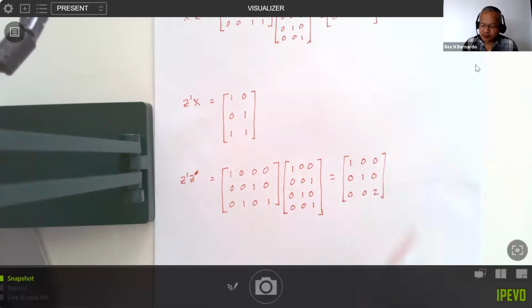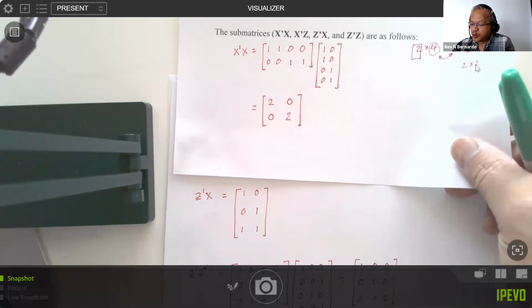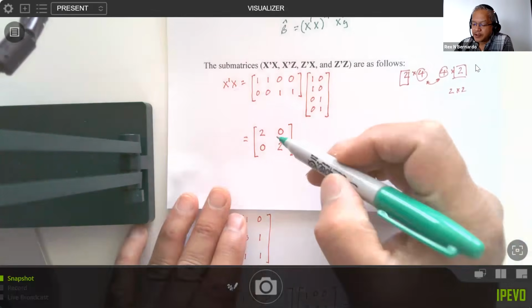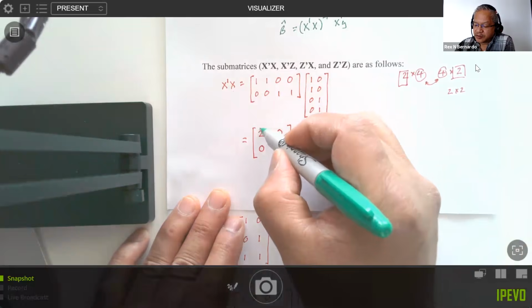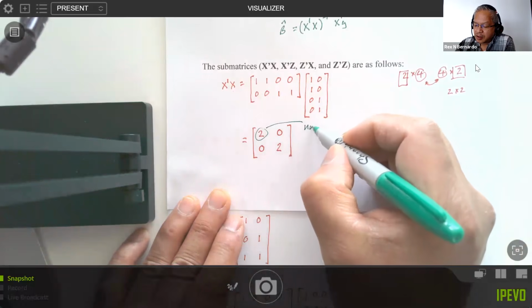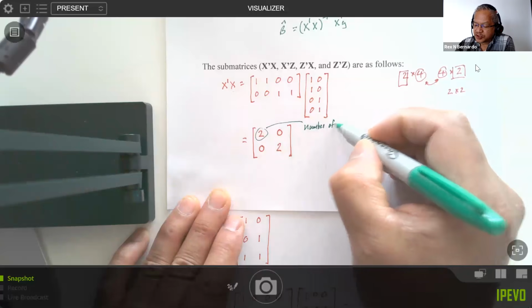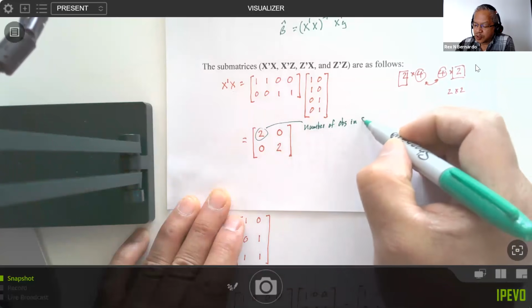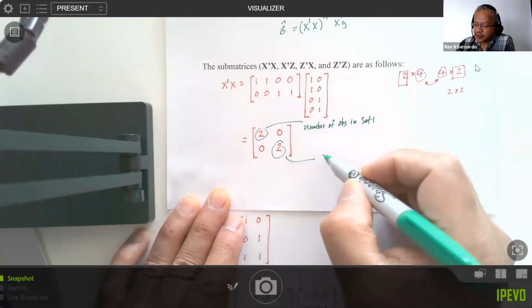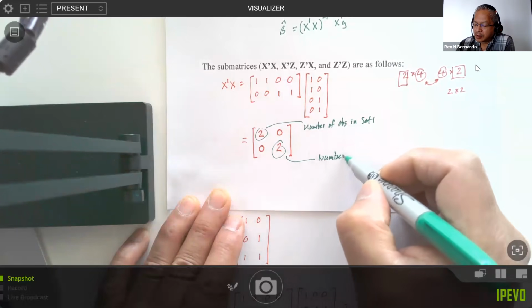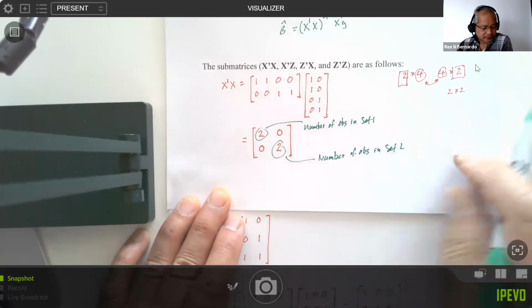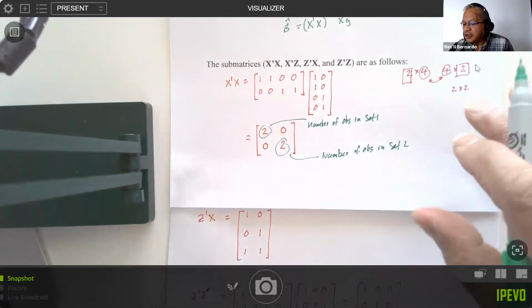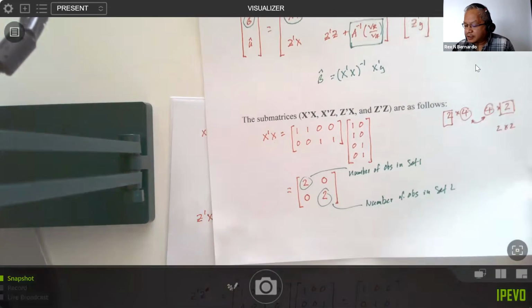All right. So let me explain this a little bit. If we go back to our X prime X, the diagonal elements are the number of observations in set 1 and the number of observations in set 2. Each set had 2 inbreds evaluated in it.